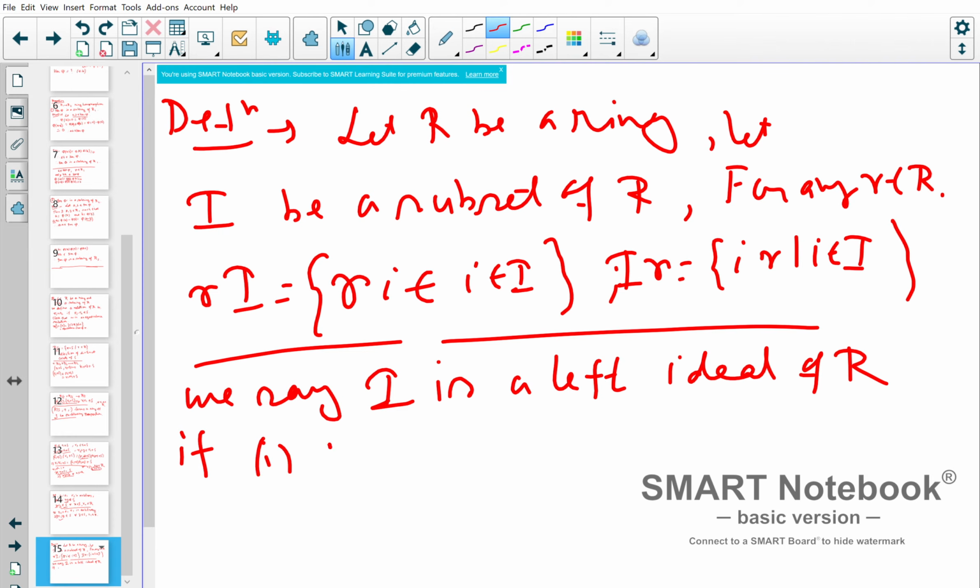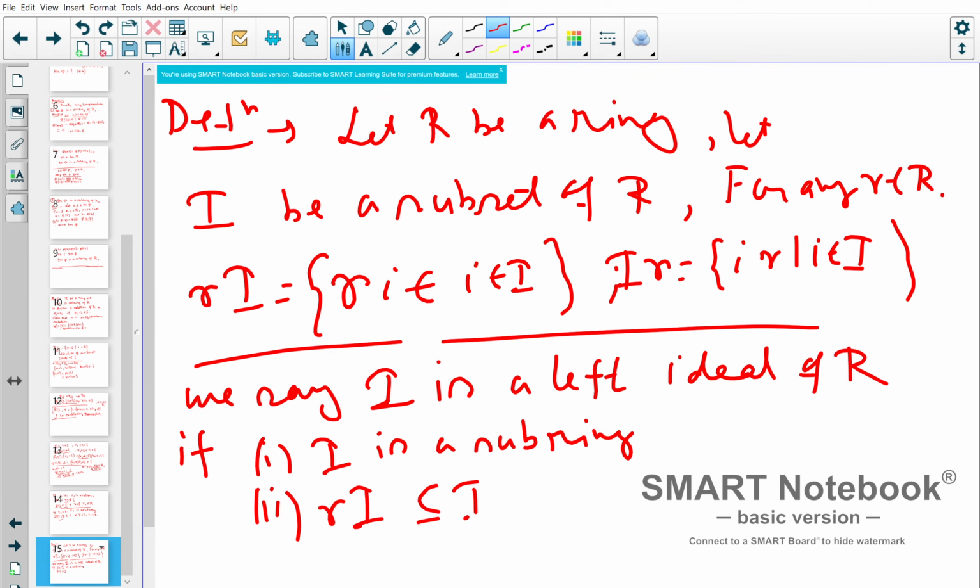First of all, I is a subring, and second, r times I is a subset of I for all r belongs to R. So what does that mean? That is closed under multiplication from the left side. Then it's called a left ideal. Similarly you can define a right ideal also.